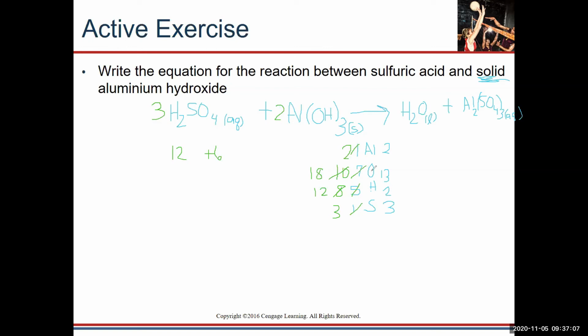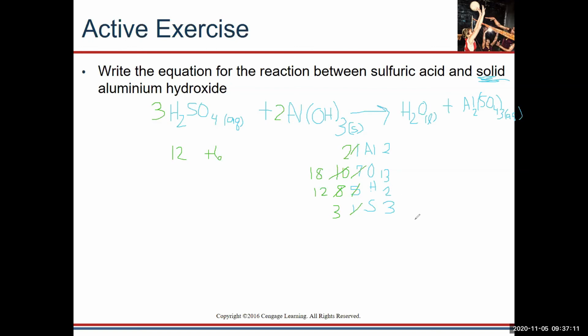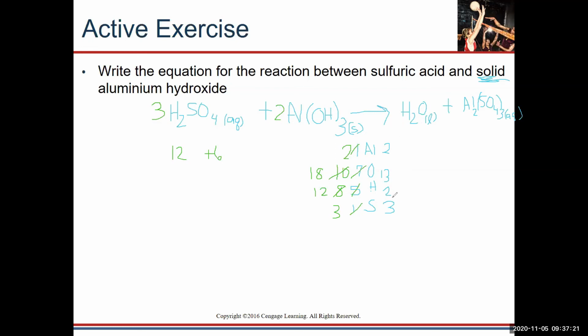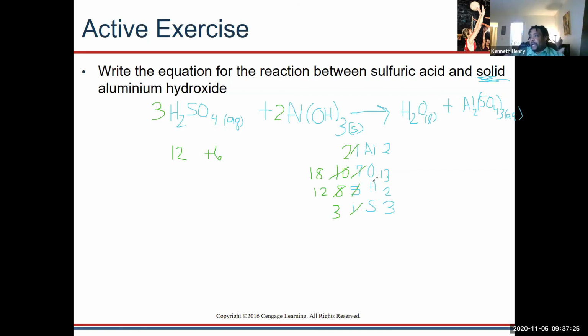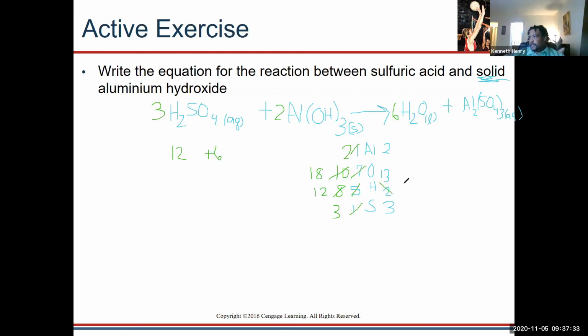Okay, is that balanced? No. Okay. So what do I need to do? How many hydrogens do I have over here? Currently? 2. Okay, so if I wanna balance it out, what do I need to do? Multiply it by 6. Okay. So then that would give me how many hydrogens?